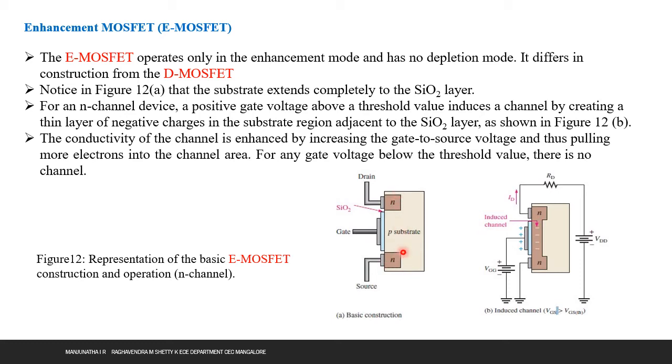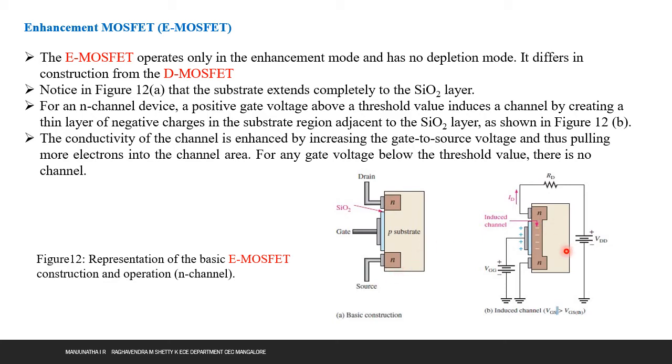We know that in N regions the majority charge carriers are electrons and the minority charge carriers are holes, and in the P substrate the minority charge carriers are electrons and the majority charge carriers are holes. So we can still find some negative charges from the P substrate, and we can find negative charges from the two N regions.